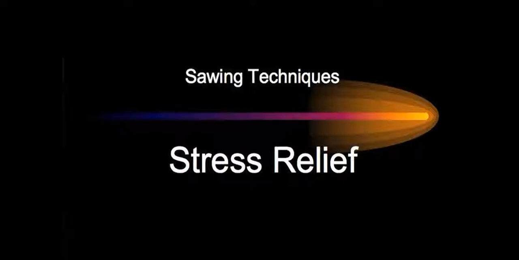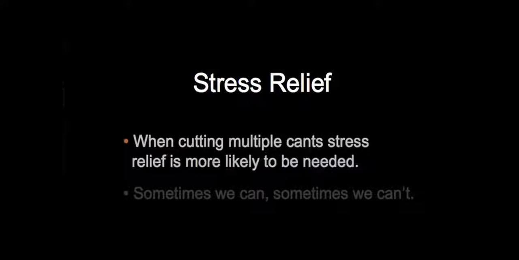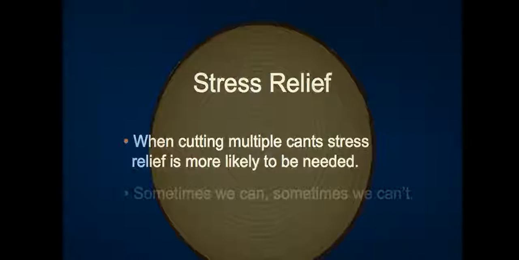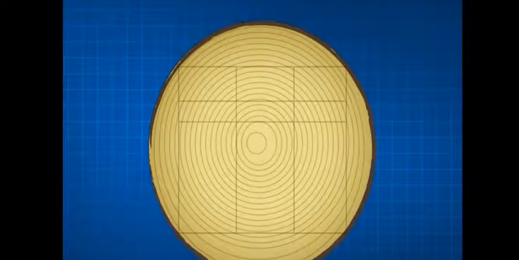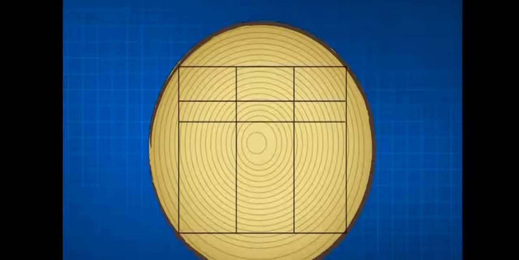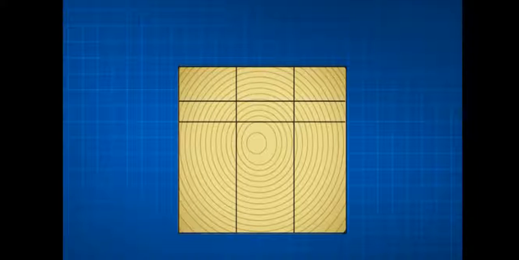So, stress relief. We've talked about trim cutting as you go as one method of dealing with the stress. When cutting multiple cants, stress relief is more likely to be needed. It's a log divided up into different pieces, an illustration of taking a log, cutting it into multiple cants, and then cutting 2 or 3 pieces at the same time.